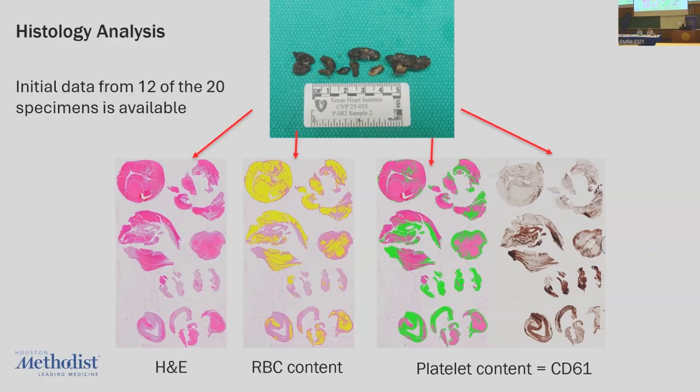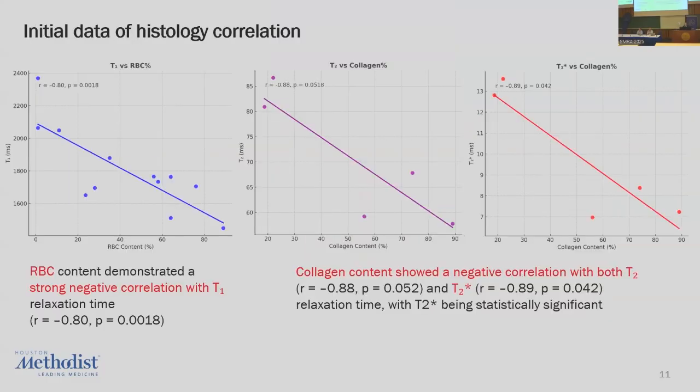We have initial data from 12 of the 20 specimens that we collected, and we paired them with our MRA findings. We found that red blood cell content demonstrated strong negative correlation with T1 value, while collagen content showed negative correlation with both T2 and T2 star relaxation time values, T2 star being statistically significant.